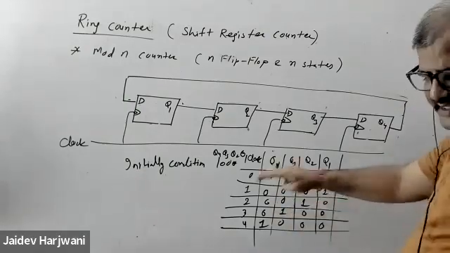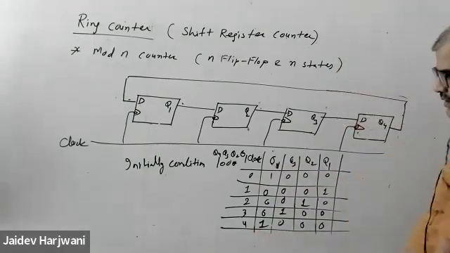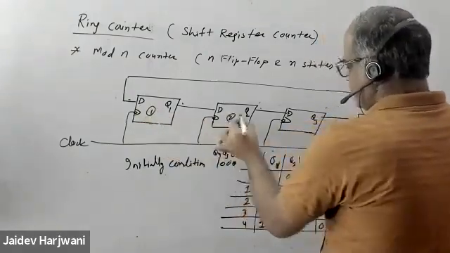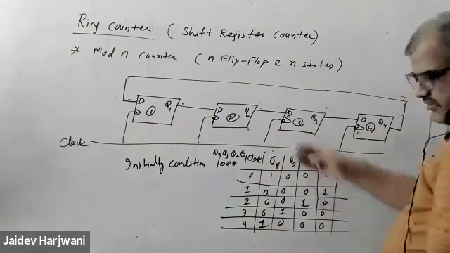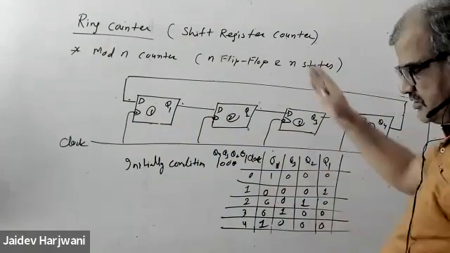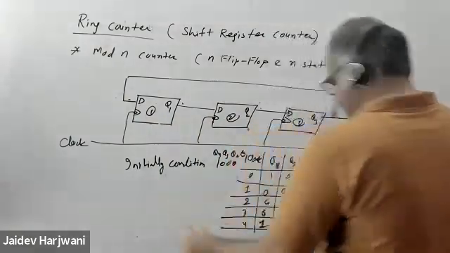So this ring counter has only 4 states, with 4 flip flops. After 1 0 0 0, again 0 0 0 1 comes, and the states keep on changing.